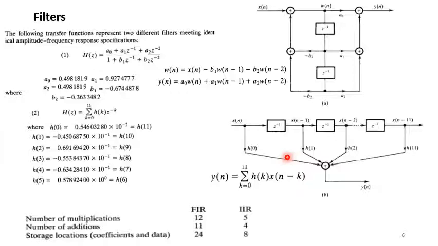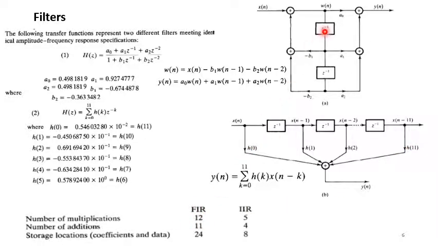Now if we look at the number of multiplications required in each case: x(n) is multiplied by h(0), then x(n-1) by h(1), h(2), and so on up to h(11). So we have 12 multiplications here, ranging from h(0) up to h(11).